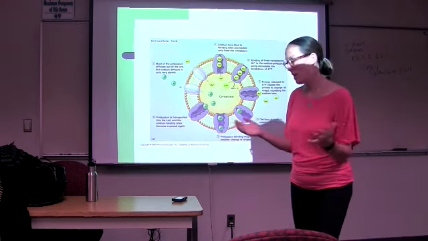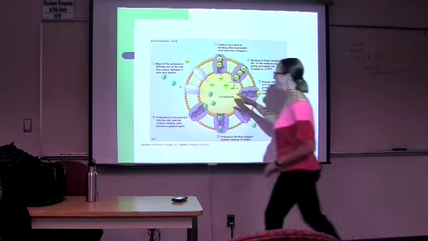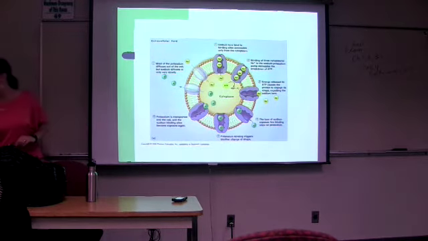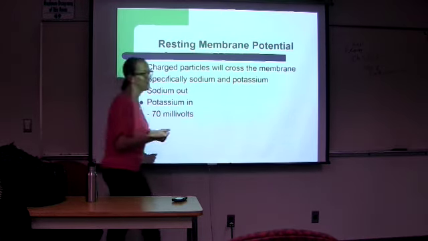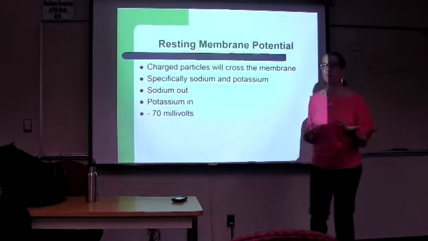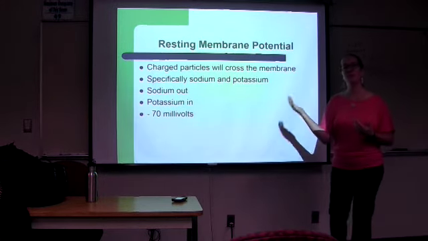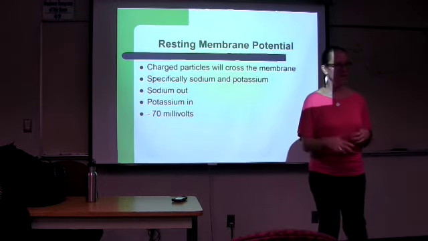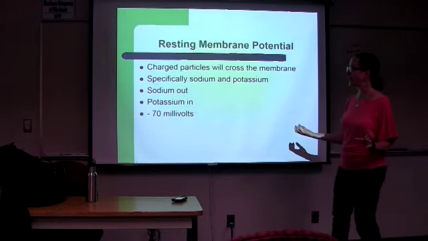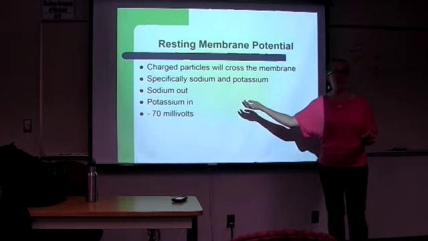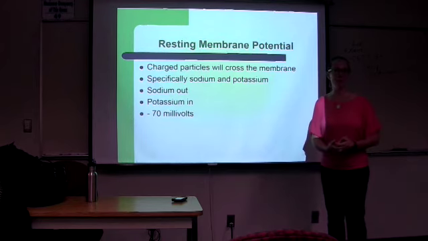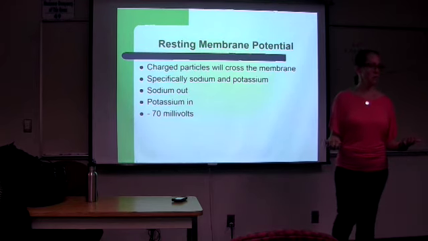Okay, all right. So now that you have that visual, if we go back to the notes, this should be easy, right? We have the movement of those charged particles, the 3 sodium out, the 2 potassium in, negatives also on both sides, which will give us a negative resting membrane of 70. Why? That's where it lands when it's resting.